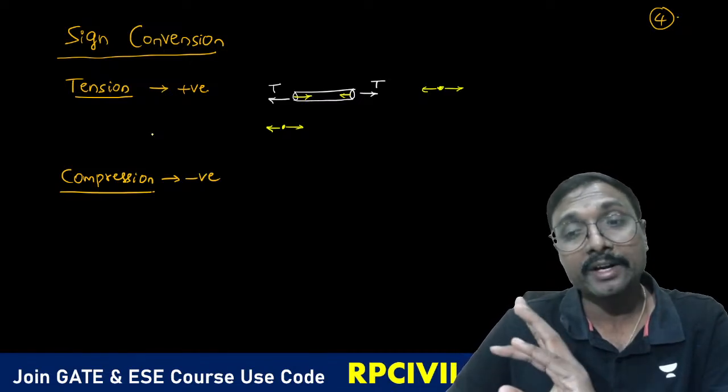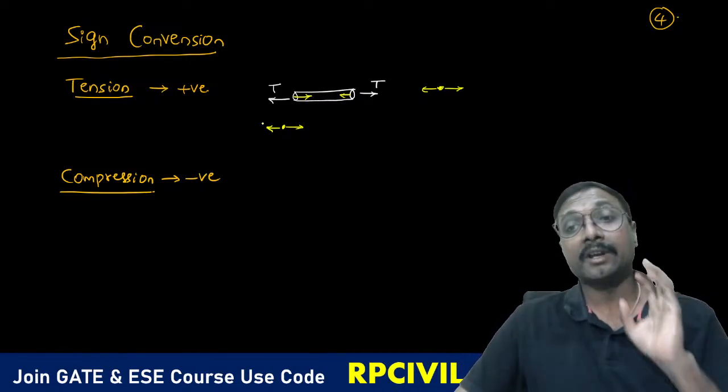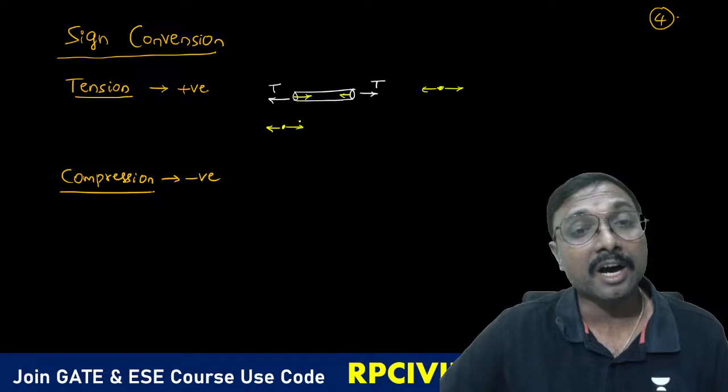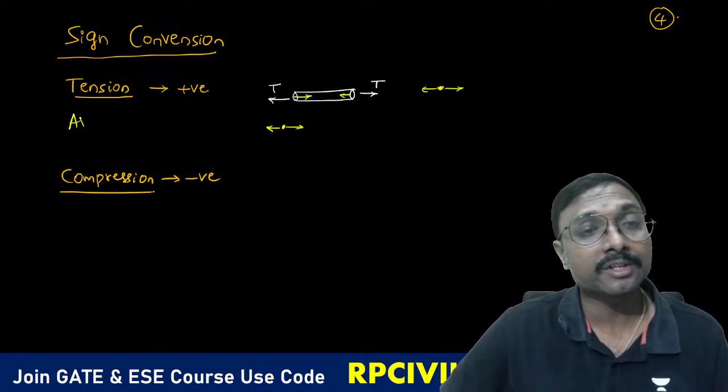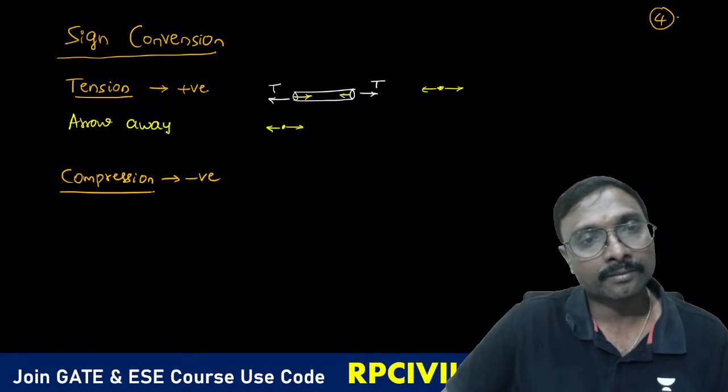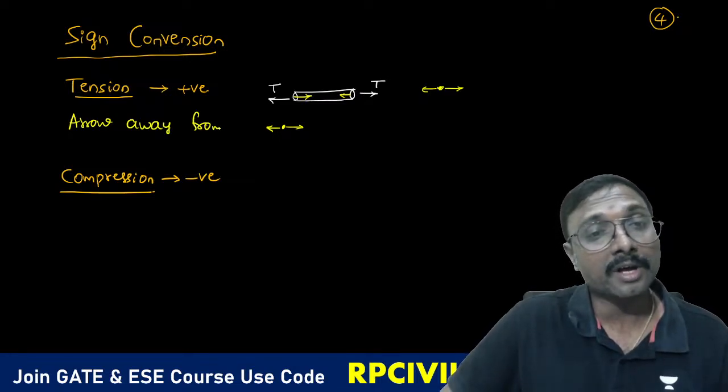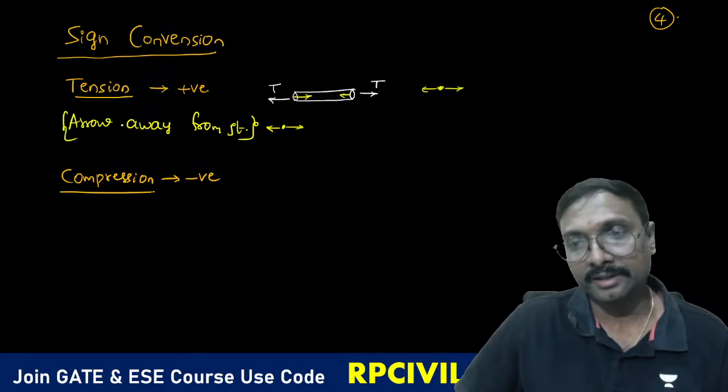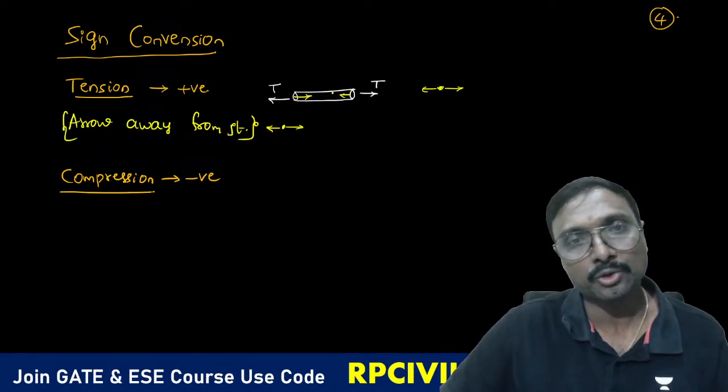So how do we identify tension? Whenever the arrow is away from the joint, you take it as tension. These internal reactions are what we use for analysis.